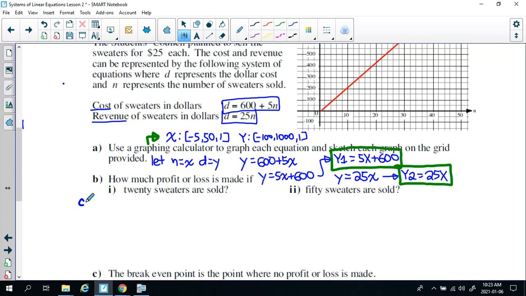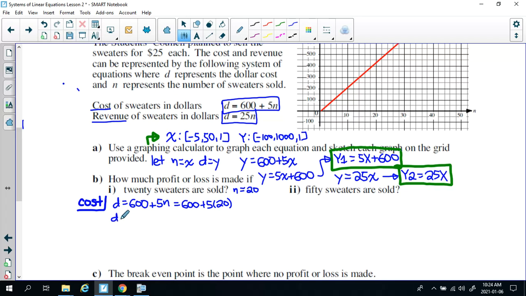Okay, so my cost would be D is equal to 600 plus 5 times N. If 20 sweaters are sold, we're going to plug in a value of N equals 20. So that's going to be D is equal to 600 plus 5 times 20.